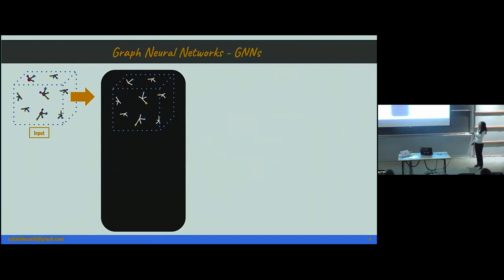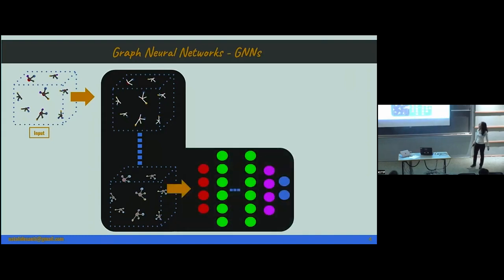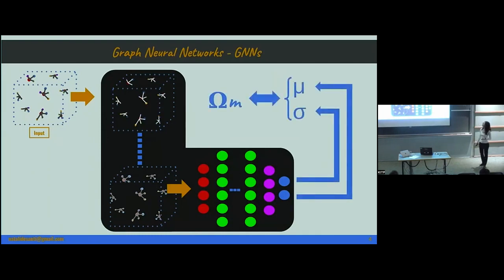That's why they are changing their colors from here to here. After some layers, we end up with a representation of an updated graph that should contain all the information related to small and larger scales. Then we compress this information one more time in a simple multi-layer perceptron, which is responsible for predicting the first and second moments of the posterior distribution of omega matter, so the mean and the standard deviation.